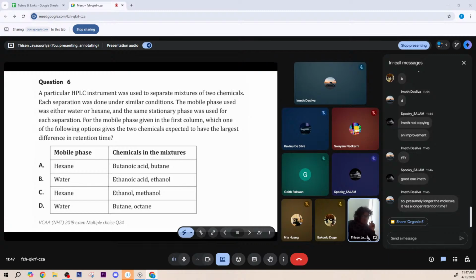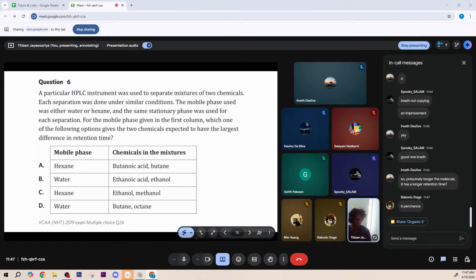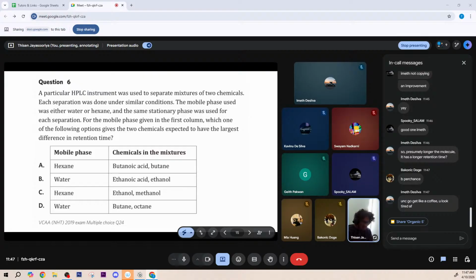Lead to the largest difference in retention? Anyone have any ideas? Is it A? Is it B? Is it C? Is it D? B perchance, okay. What else? Anyone else got any ideas?